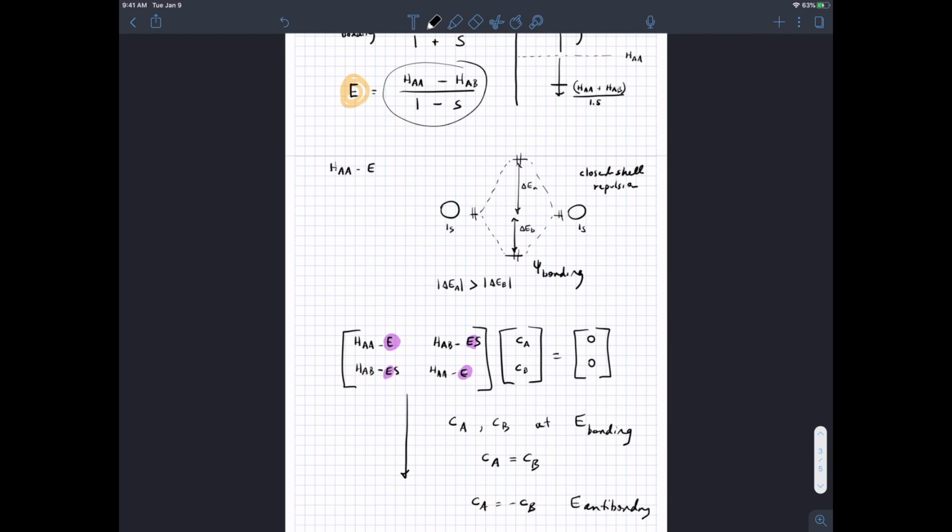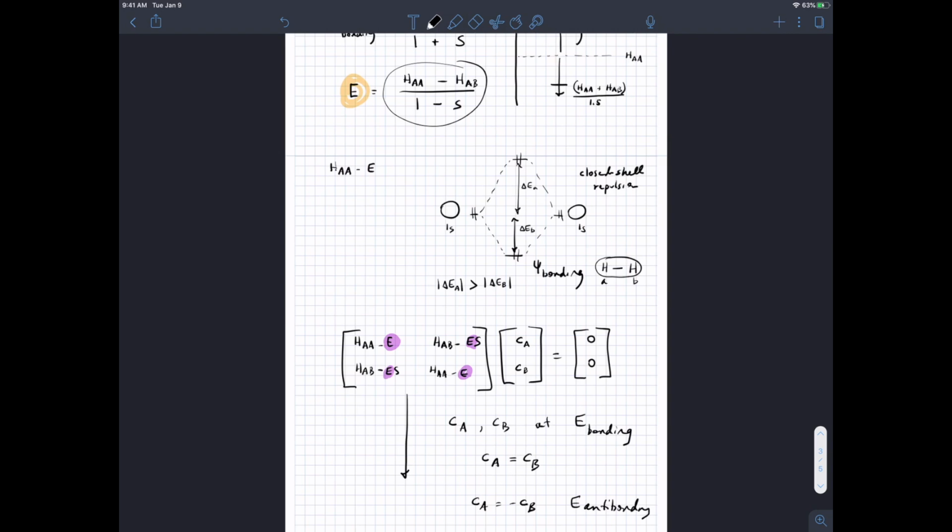Okay. Now notice that this hasn't given us exact numerical values for the coefficients. It's just told us their relative values and signs. We know that in the bonding orbital, say this is two hydrogens, hydrogen A and hydrogen B, our bonding orbital should look something like that, where it's equal magnitude on both atoms.